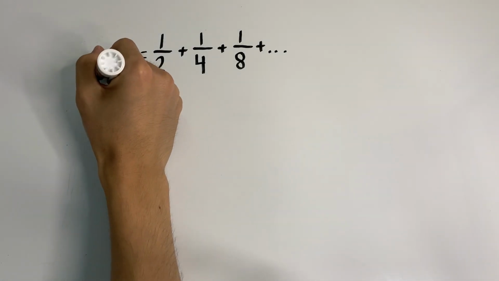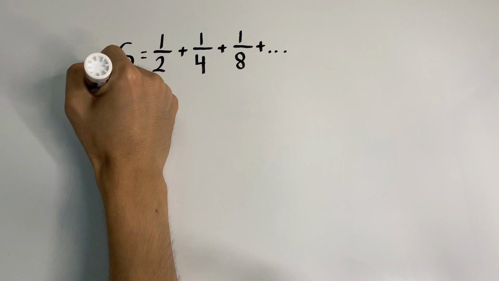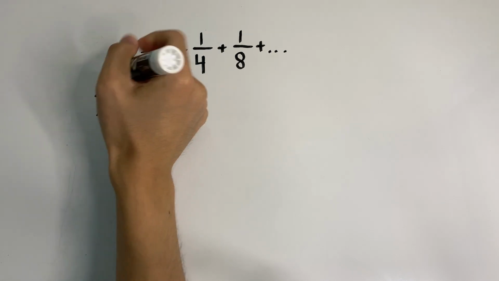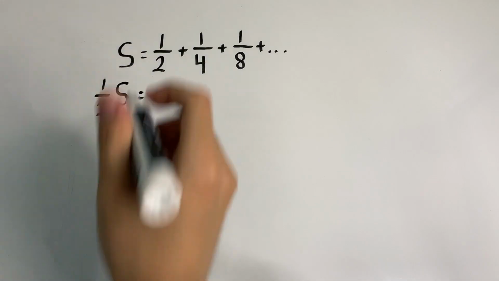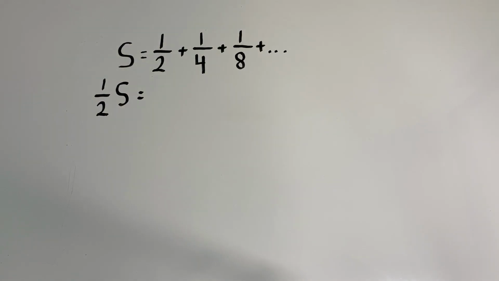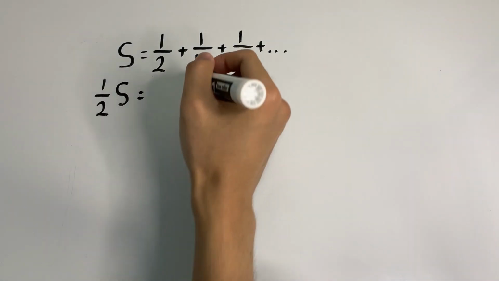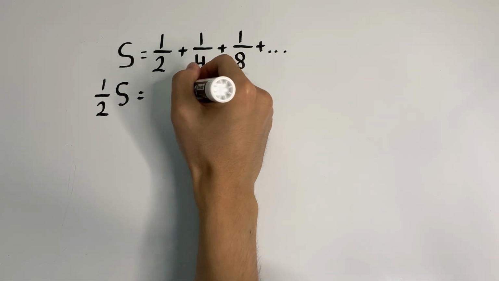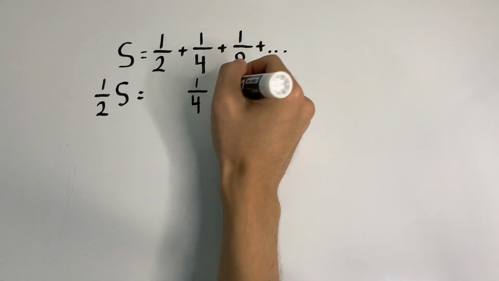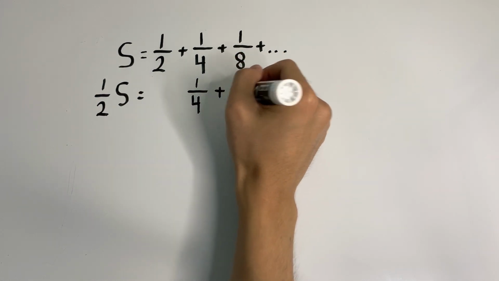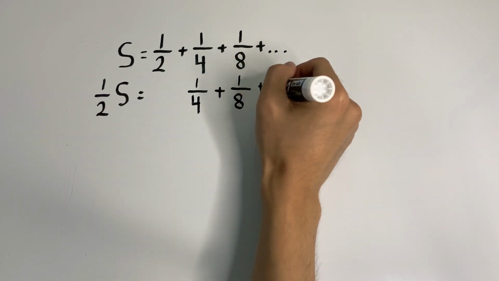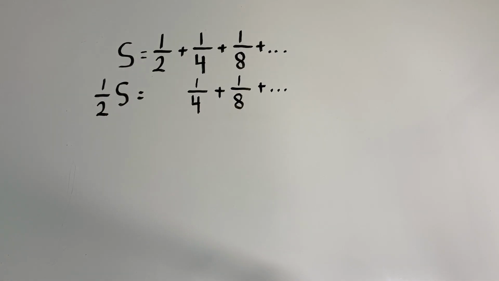And here the common ratio is 1 over 2. So if we multiply S by 1 over 2, we're actually going to get a completely new series that goes like this. Now it's going to start at 1 over 4, 1 over 8, and it just goes on and on.